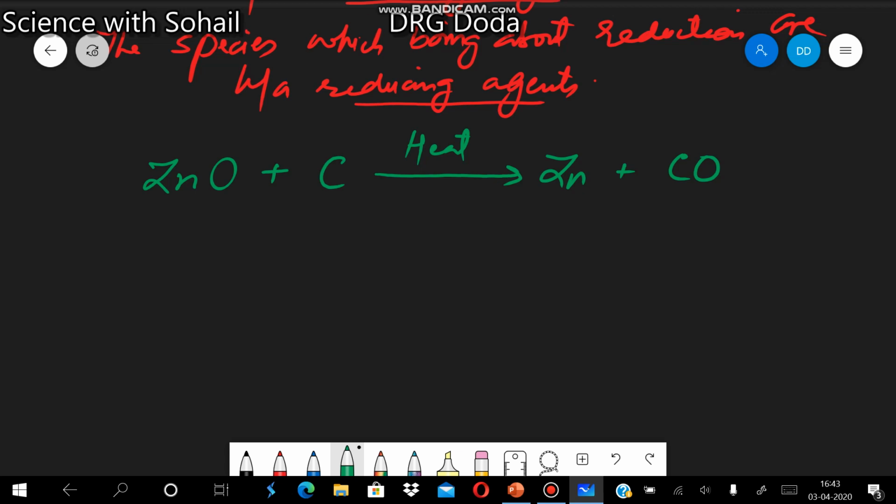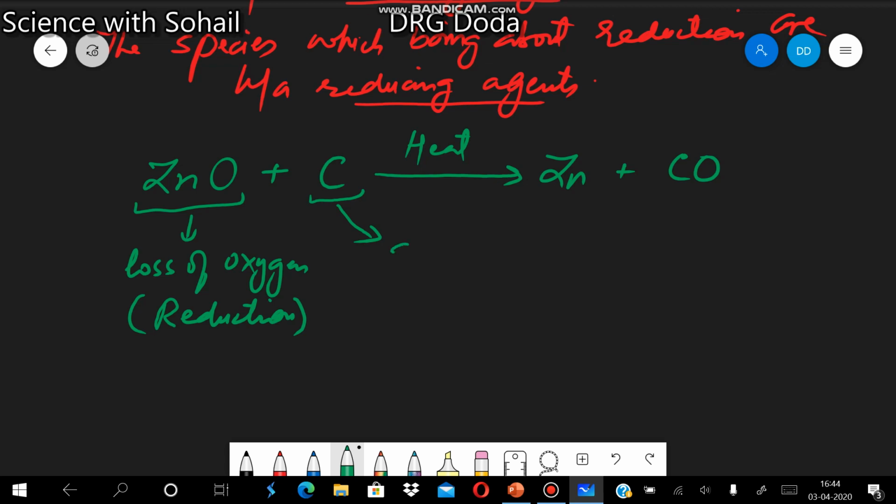Now according to the definition of oxidation and reduction, we can see that zinc oxide undergoes loss of oxygen, and loss of oxygen is called reduction. So zinc oxide is undergoing reduction. And what about carbon? Carbon is undergoing gain of oxygen or addition of oxygen, and addition of oxygen is called oxidation.